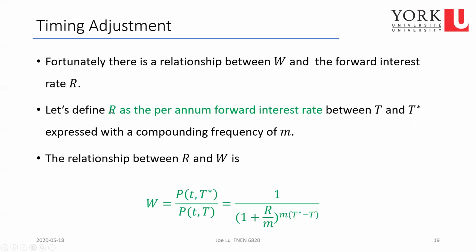So if R is the per annum forward interest rate between T and T star, so it's a forward interest rate annualized, then we have seen earlier that this condition must be true. So if this condition is true, we can then find out this process from here.